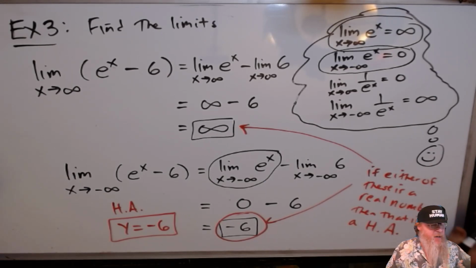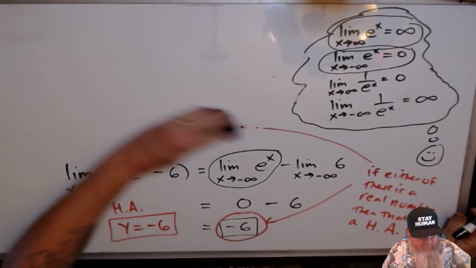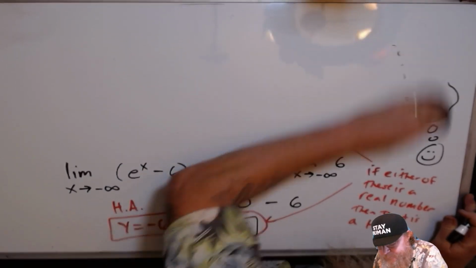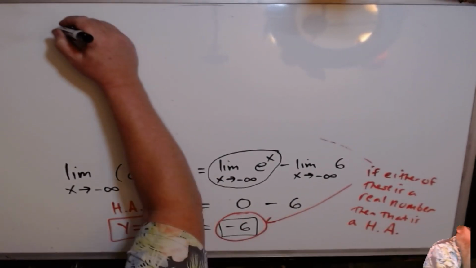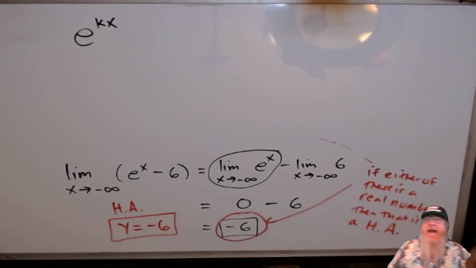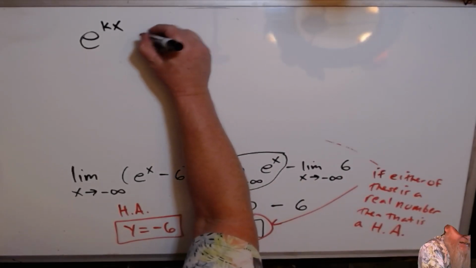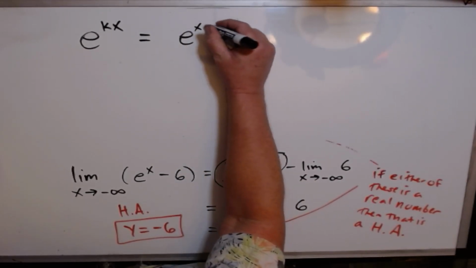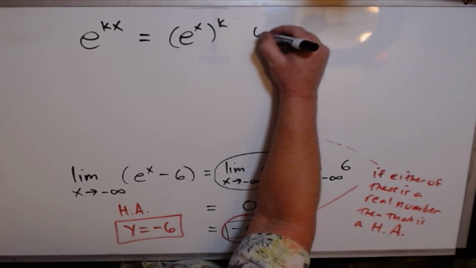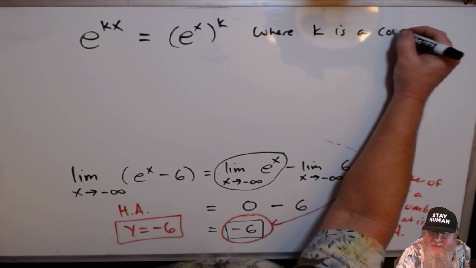All right, next we're going to talk about powers of exponential functions. So we call that e^(kx). e^(kx) is just (e^x)^k, where k is a constant.